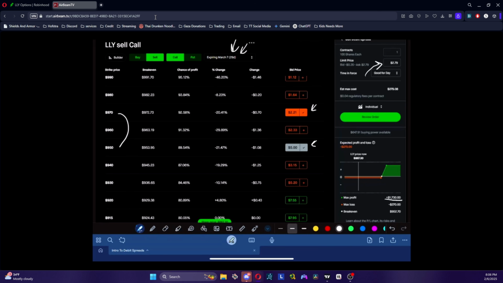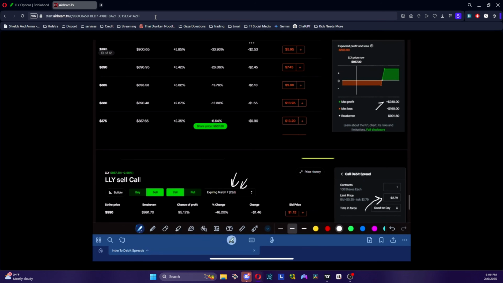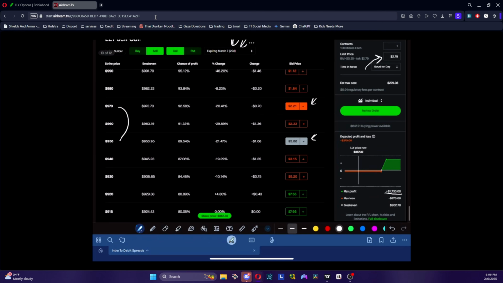And you're like, whoa, hold on, wait. We just went from a call debit spread that gave us a max profit of 340 to a debit spread that's now giving us $1,730 max profit. Again, this max profit is only reached if the stock is above the prices we're looking at by expiration.